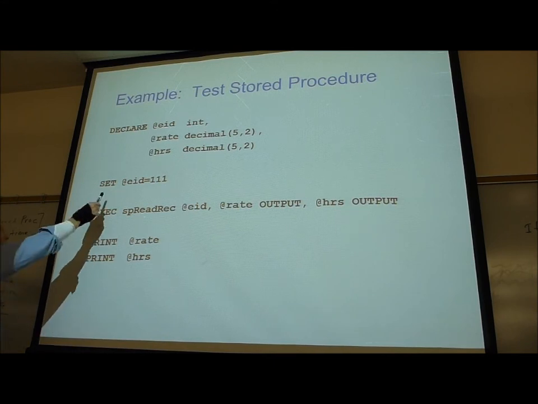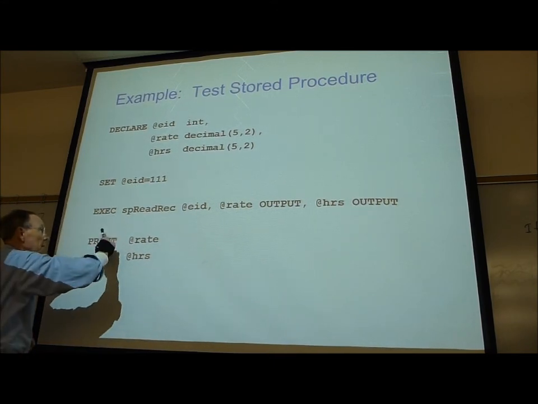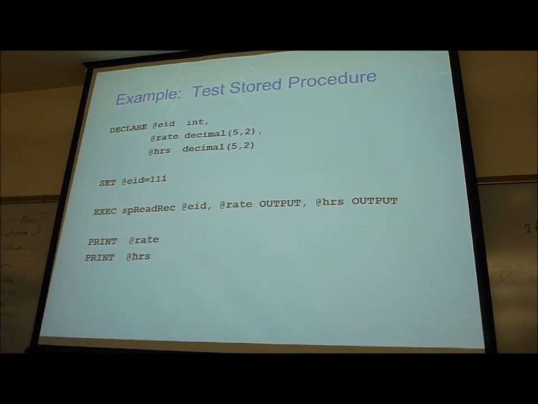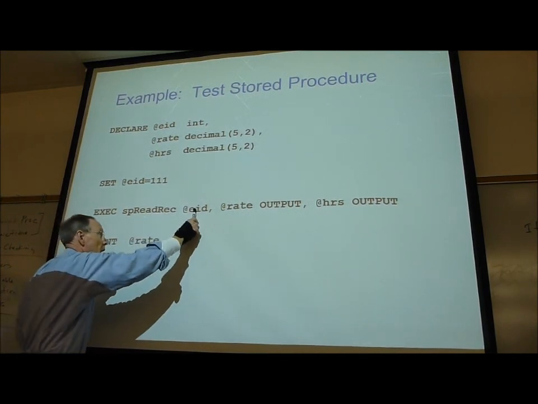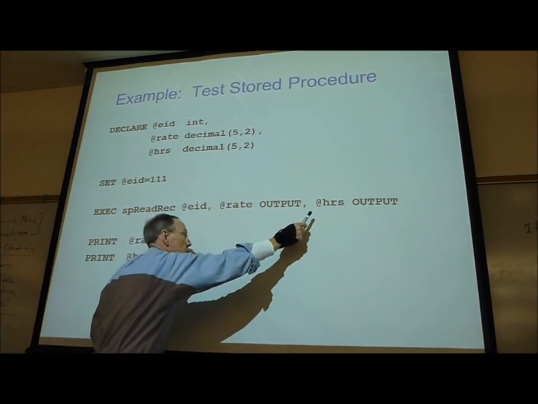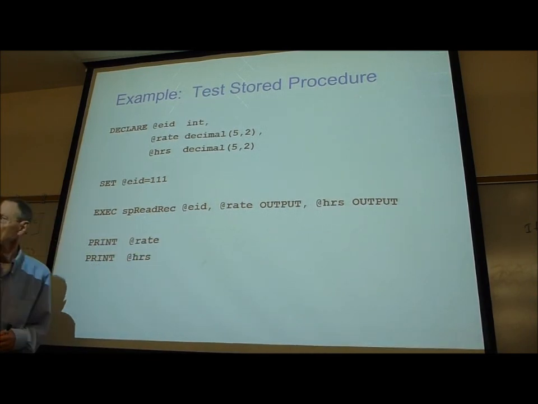Set EID. This is the way I call a stored procedure. You've got to use the word execute, then the stored procedure. These are the arguments that match the parameters.